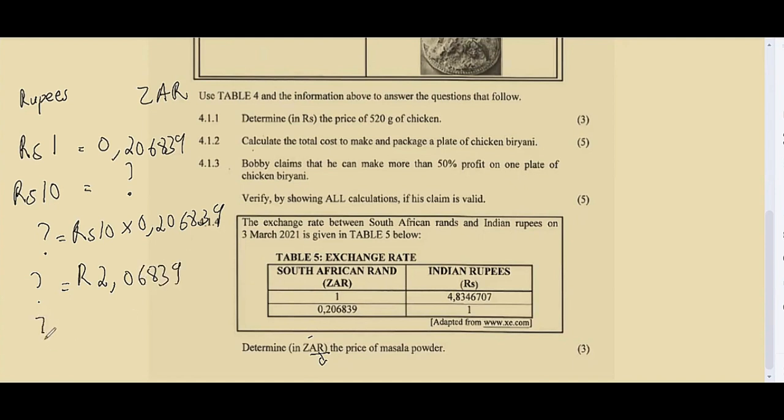Right. So if we round off to 2 decimal places, we have 2.07 rand. So this is the price of masala powder in South African rands. So that's how you were expected to go about solving that question.